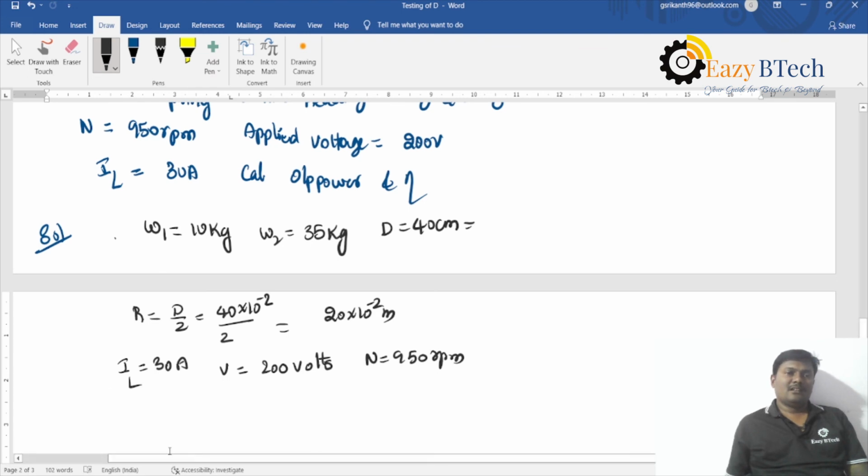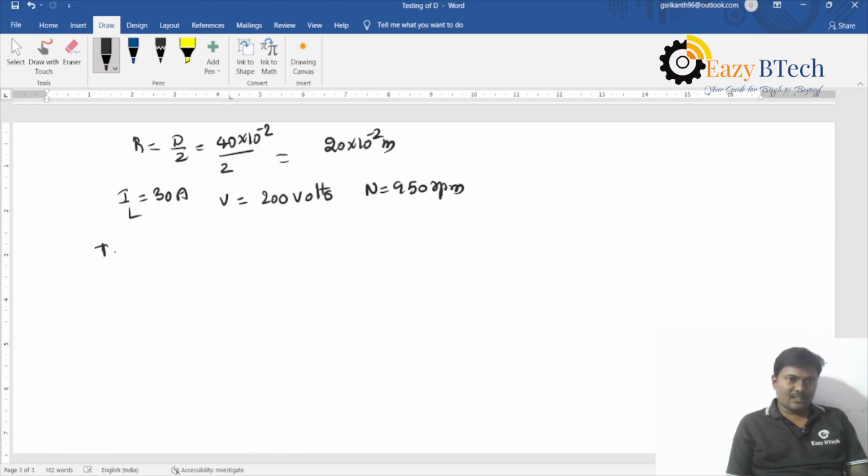Then the line current is 30 amperes, our supply voltage is 200 volts, and the speed is 950 rpm.